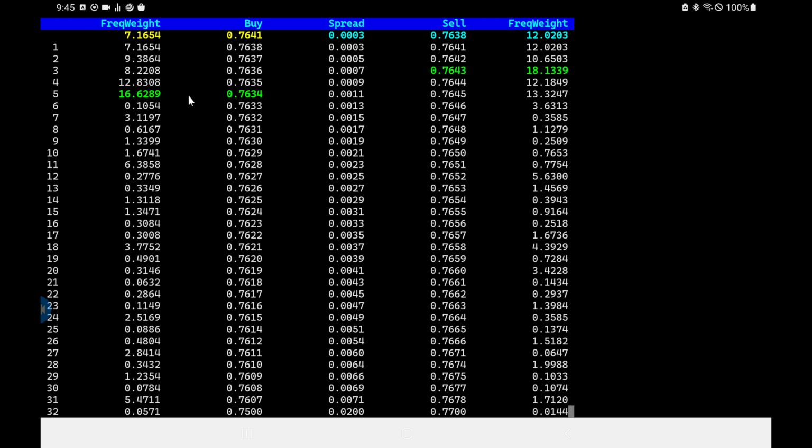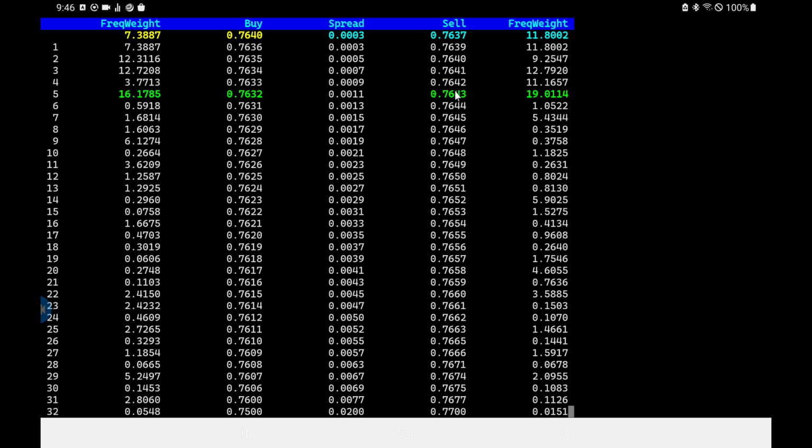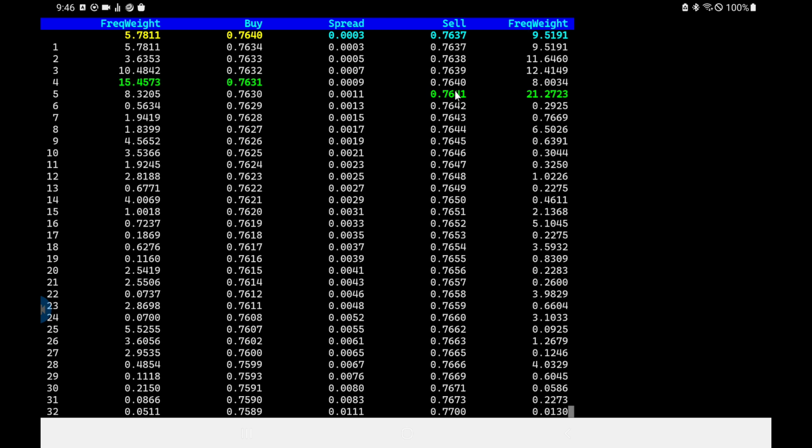Now, the point of reference to pay attention to is your bid and your ask in relation to the buying and selling pressure. Right now, the pressure looks to be reasonably equal, but it still shows, if you add up the numbers under the weighting column, more pressure under selling.